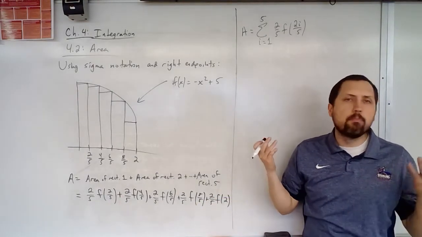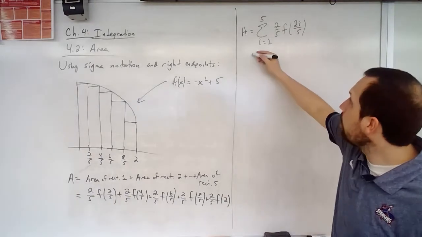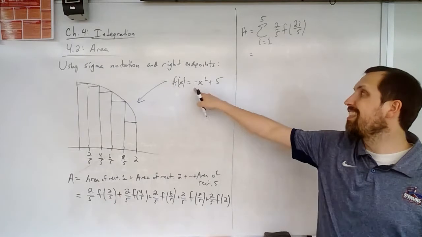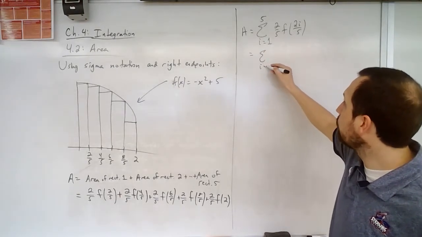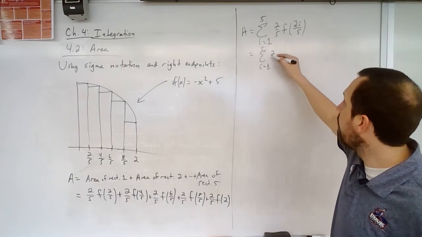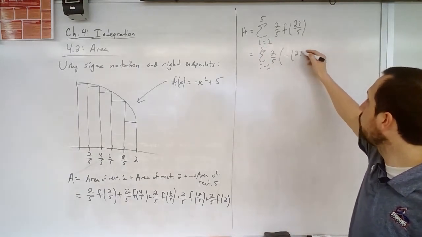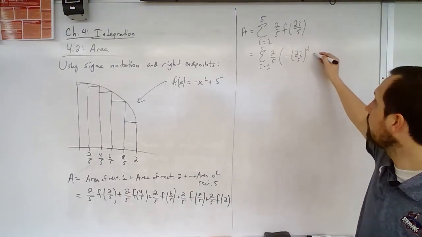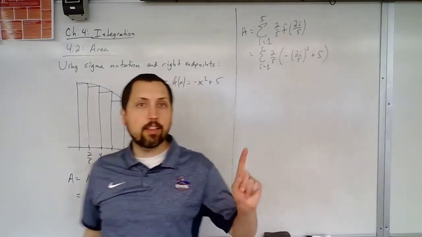Now this maybe doesn't seem like it's going to be any easier, right? But we know what this function is. We know that this is negative x squared plus 5. So this becomes the sum from I equals 1 to 5 of 2/5 times negative of 2i divided by 5 quantity squared plus 5. So I plug this in.